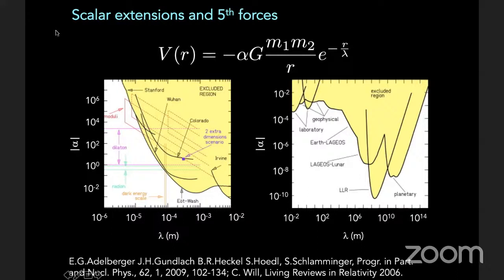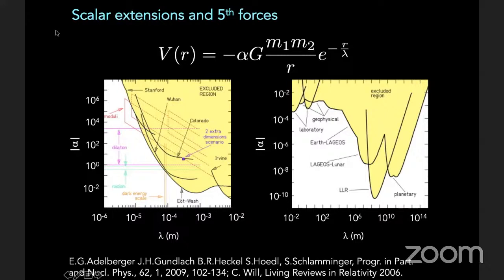So what I'm introducing here is this extra potential where the range of the fifth force is determined by this lambda that's related to the mass, and then you've got the strength of this fifth force that's also regulated by this alpha that gives you the coupling. What these two plots show, they are both exclusion plots, and they show you the exclusion region that comes from solar system experiments and Earth-based experiments.